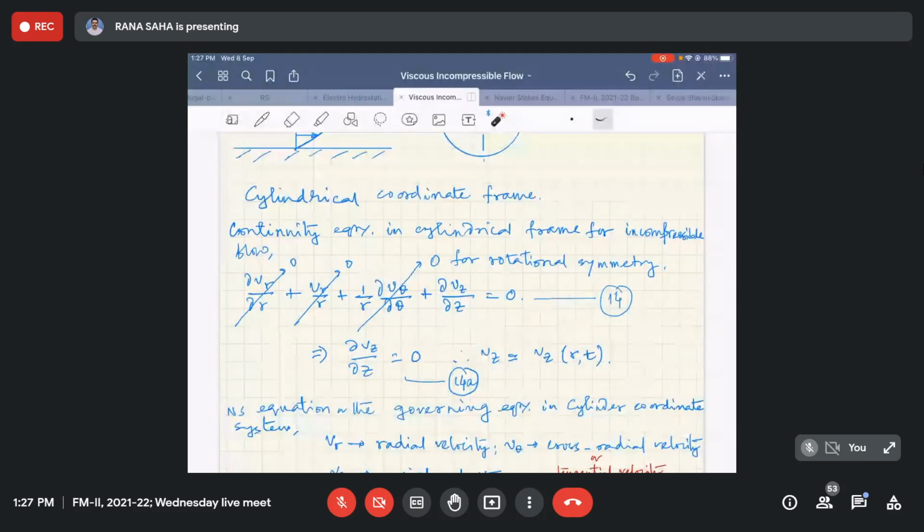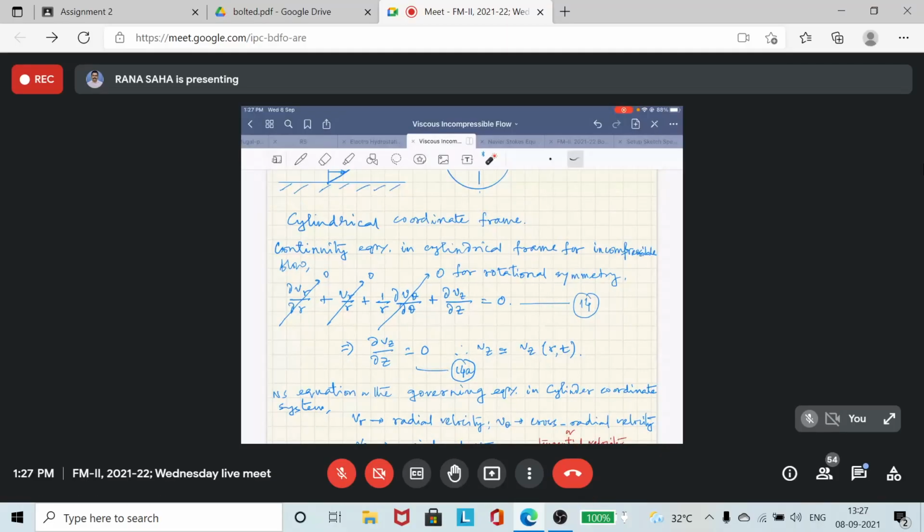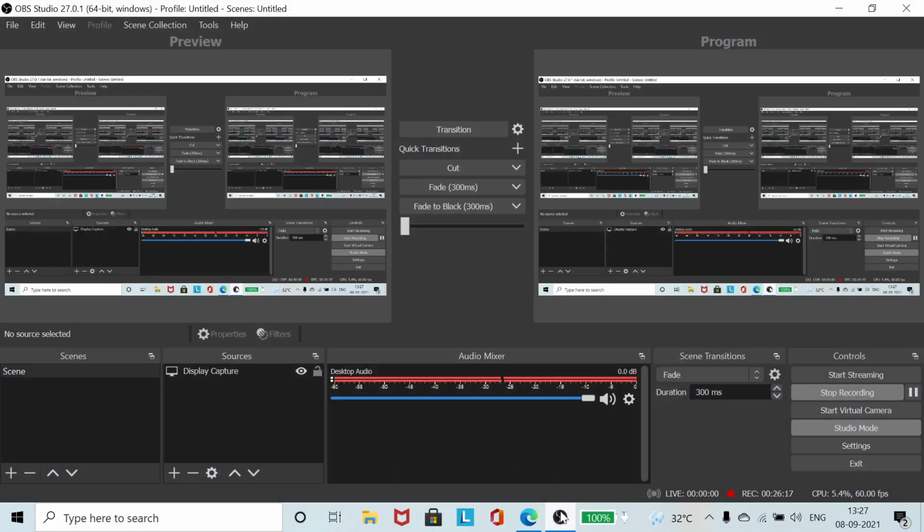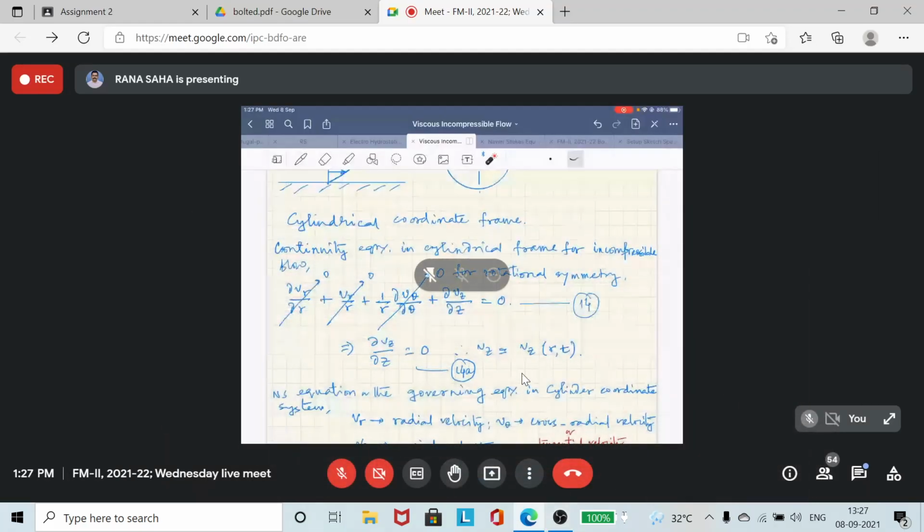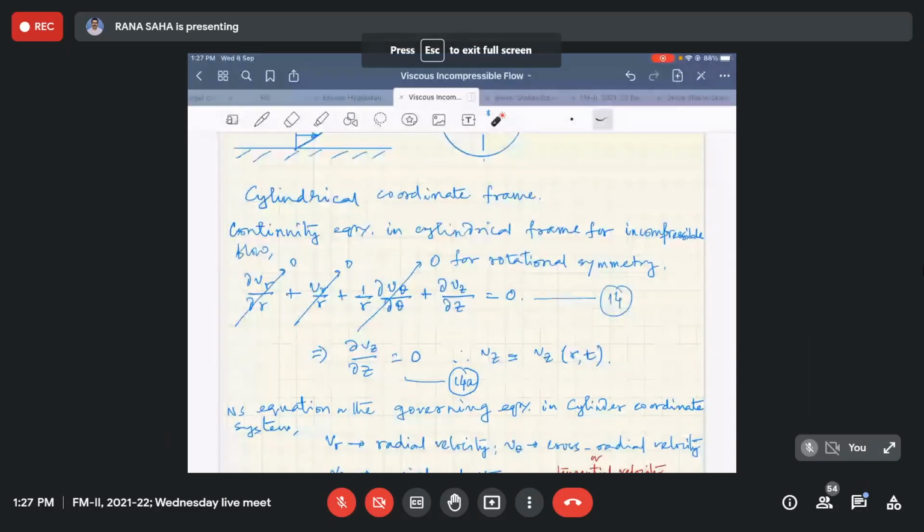Any quantity, I mean del theta of anything is equal to 0 if you consider rotational symmetry or axisymmetry. So that is why Vz could be a function of R and T. But again, the moment you consider the flow to be steady, Vz will only become a function of R, right?